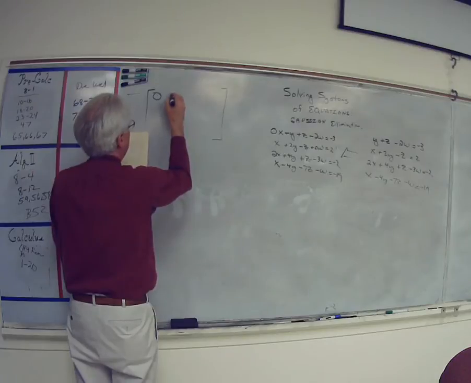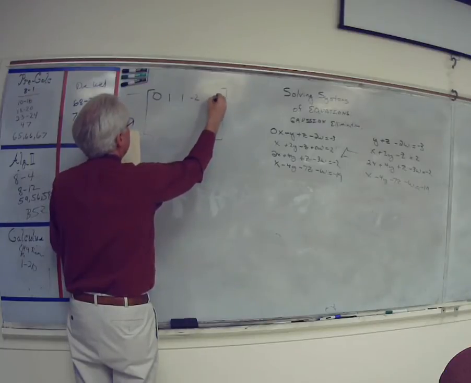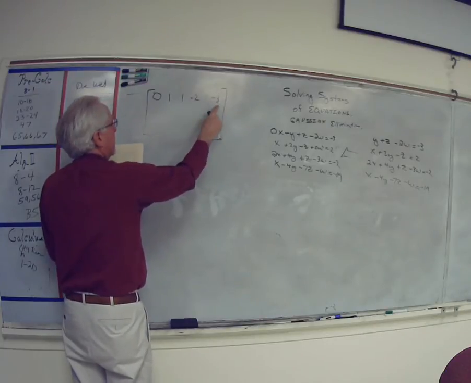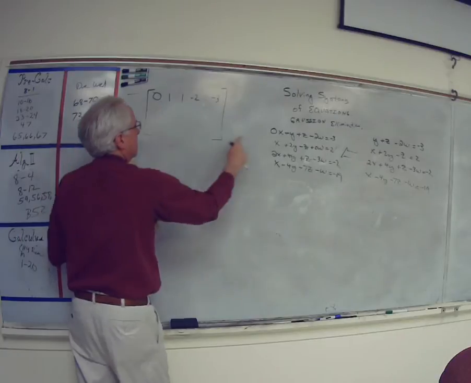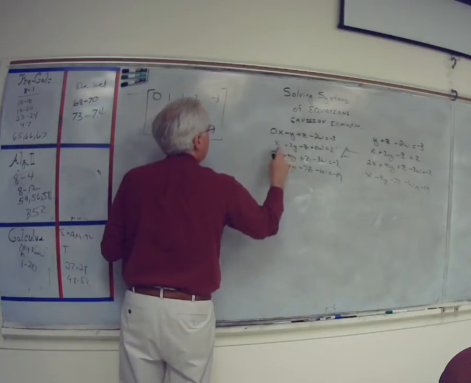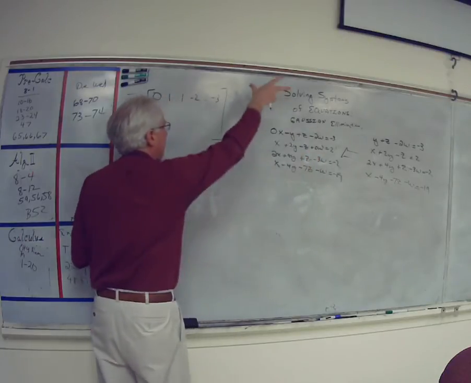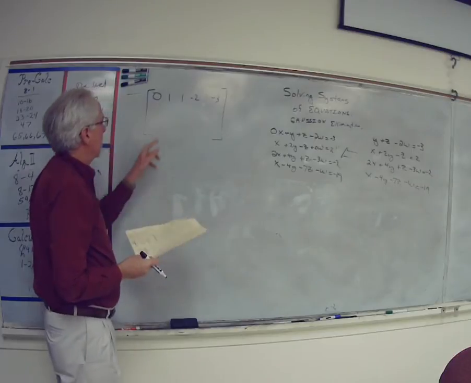So it'd be 0, 1, 1, negative 2, negative 3. Okay, and put the dots here to show that this is where the equal sign is. So you're just taking the coefficients when you've got them all in order: x, y, z, w for each row. Everything is lined up, and now we can just pull the numbers off.